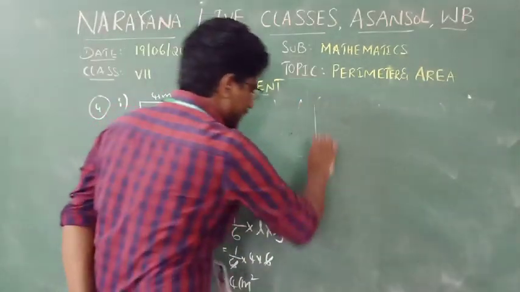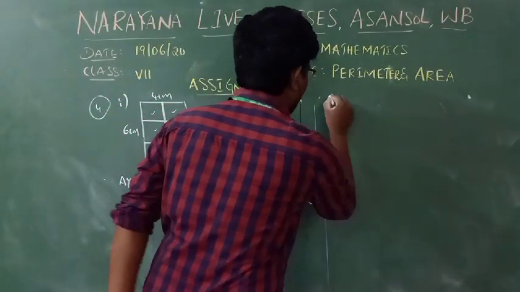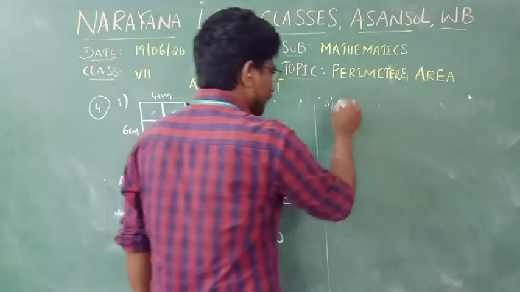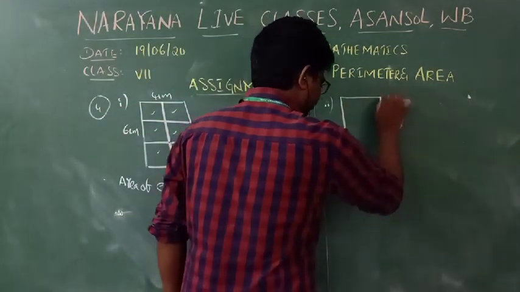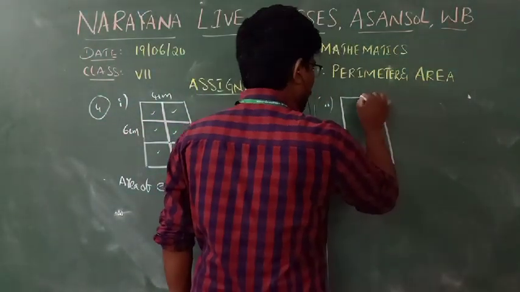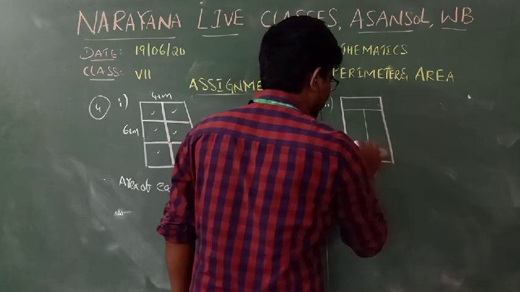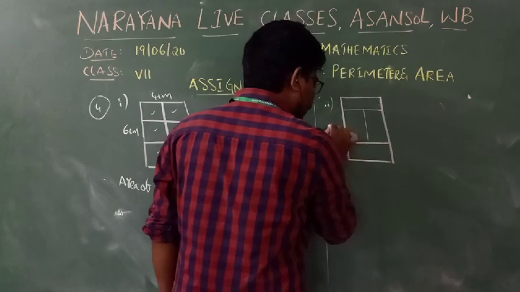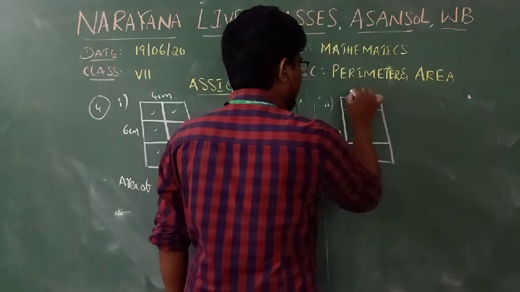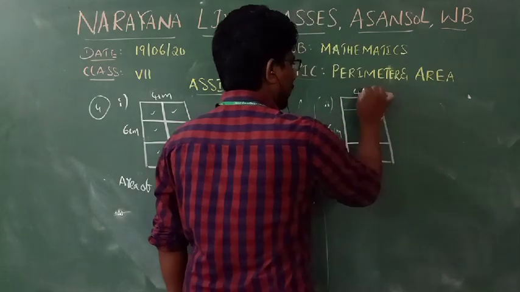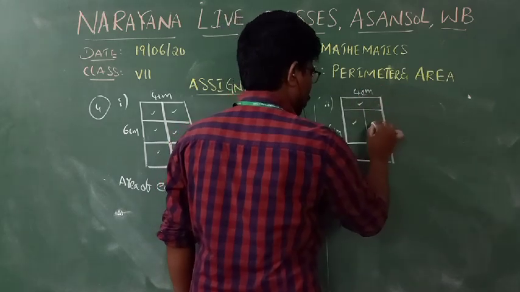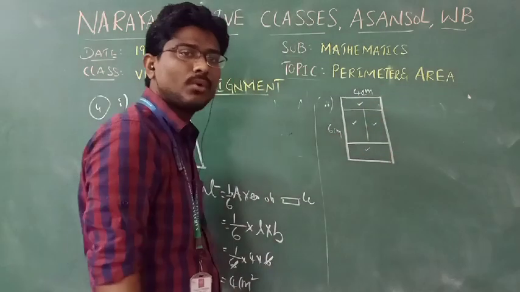Now if you go to the second question, there is a rectangular figure which is divided into 4 congruent polygons of length 6 cm, breadth 4 cm. Now you see here 1, 2, 3, 4. There are 4 equal parts.